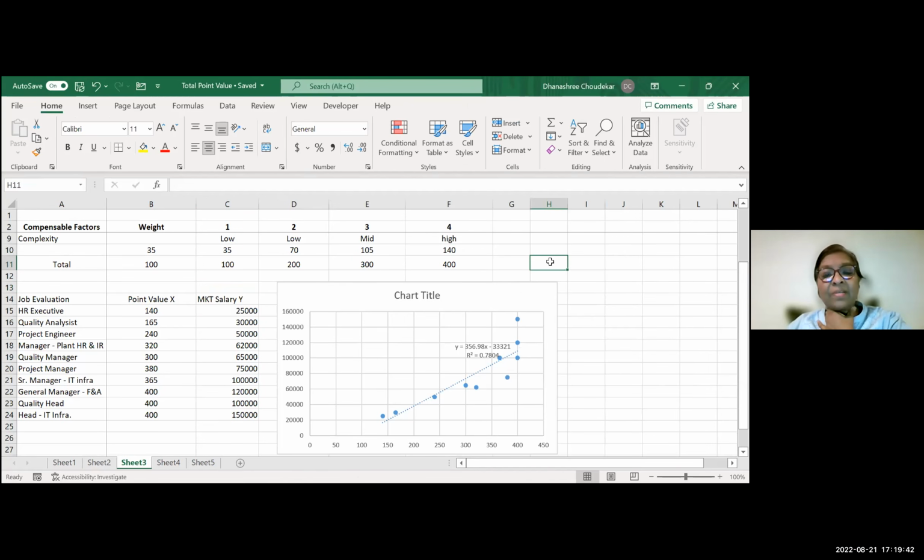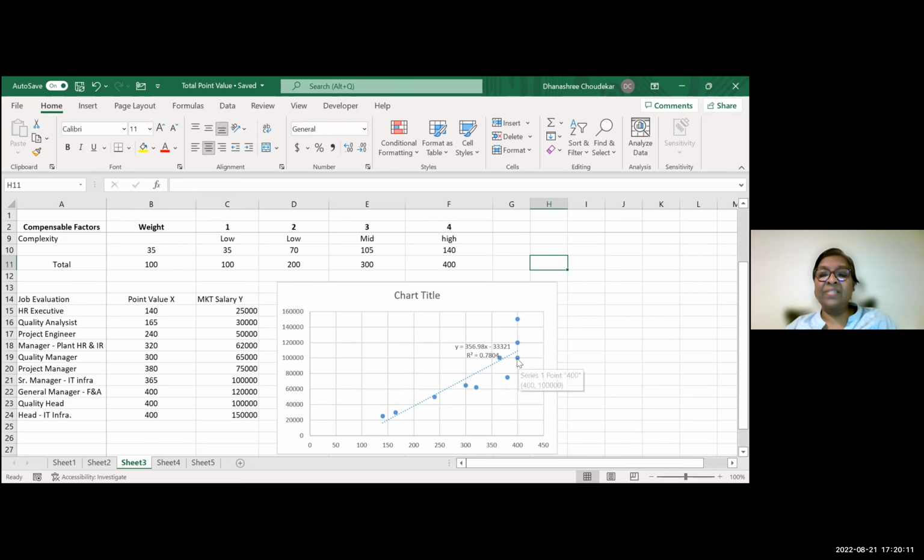So in this, if you notice, what is your R square? It's 78. Why is it 78? If you see, there are certain job positions which are far away from the best fit line. Are you getting me? For example, this position which is about 370 or so, this position, then this position.